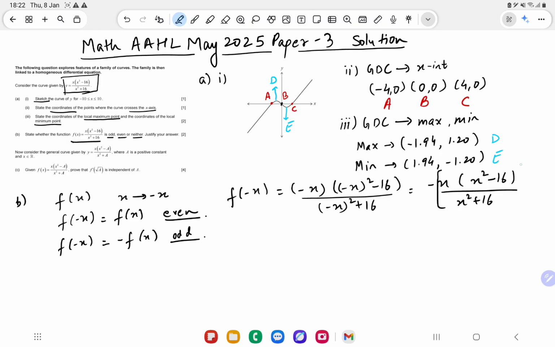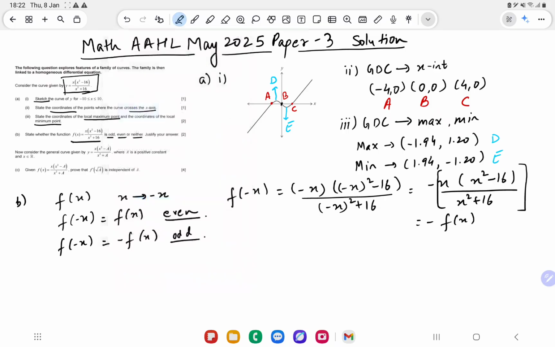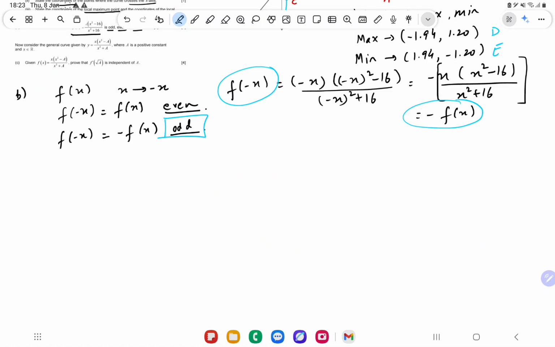Now if you look into this bracket, it is nothing but your f(x). So from here you can clearly see that f(-x) is equal to minus f(x). So it means it is an odd function. Let's move on to the C part.